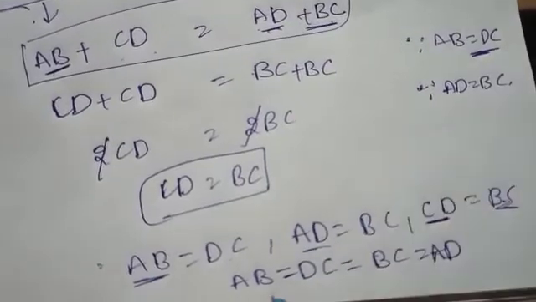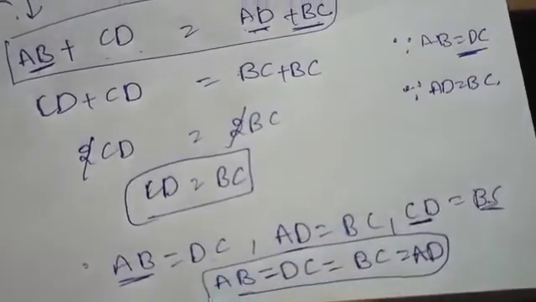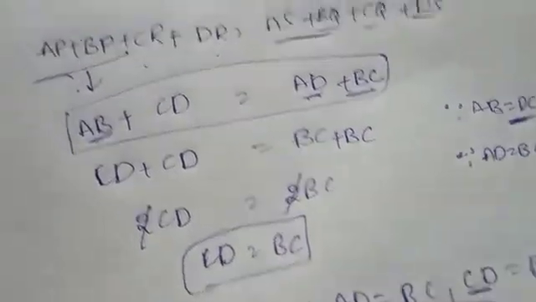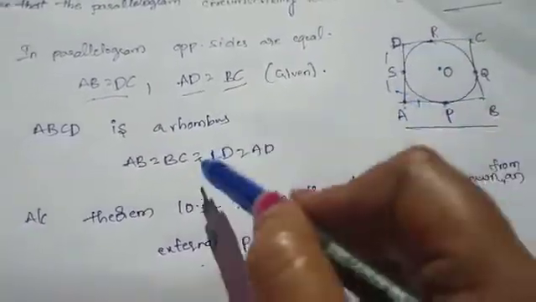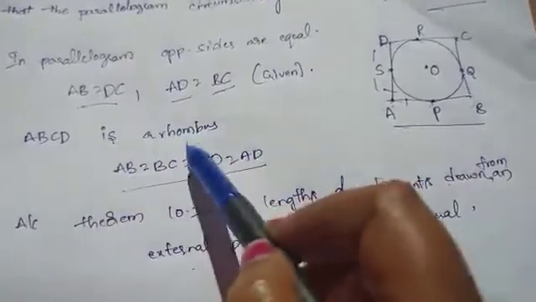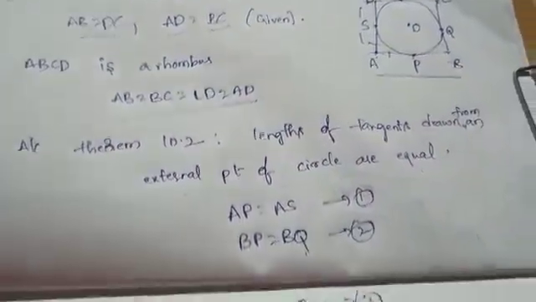It means all sides are equal. Then it is a rhombus. So ABCD is a rhombus. Hence proved.